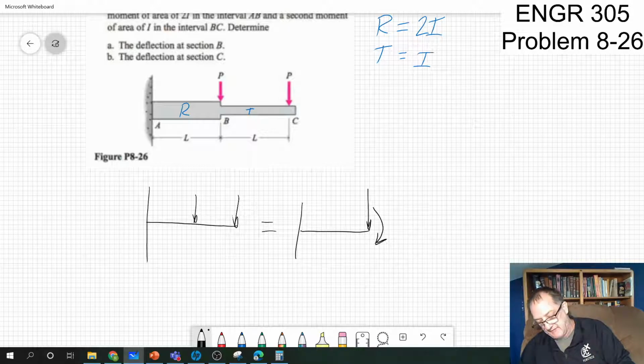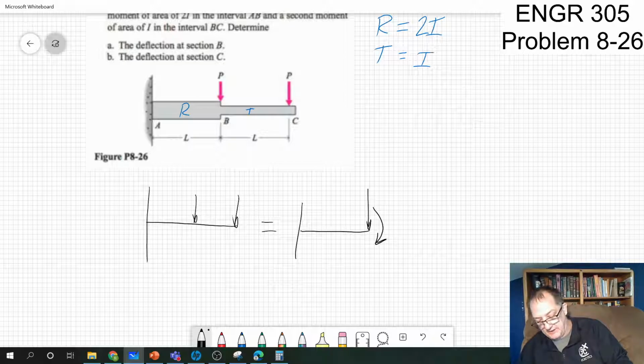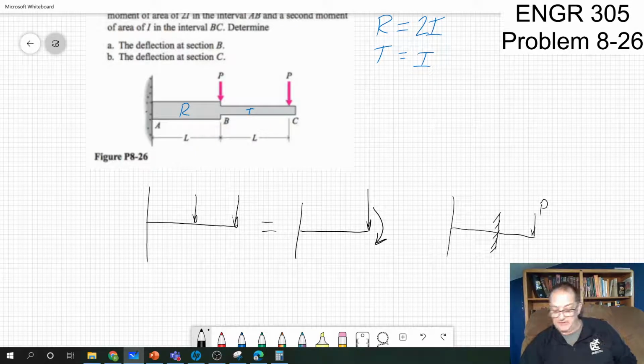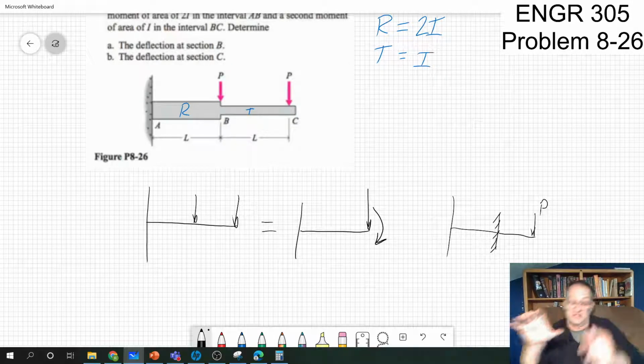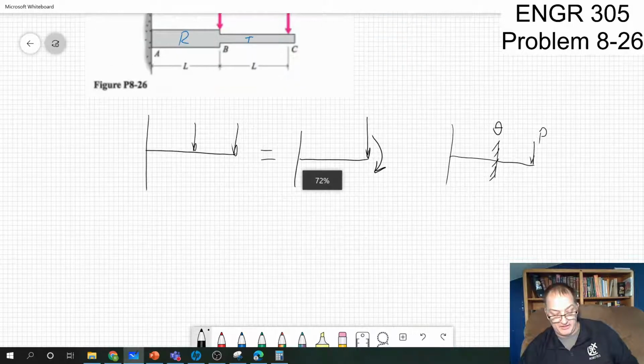So I'm going to have a load and a moment on that, and then I'm going to have another cantilever beam that goes out and has another load P. But I'm going to say that's fixed, except that I've already got some twist going on. I've already got some angle there.